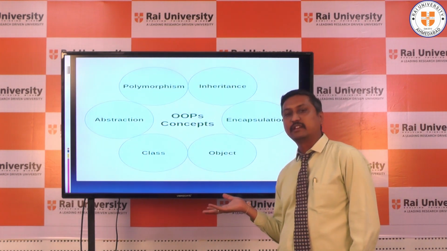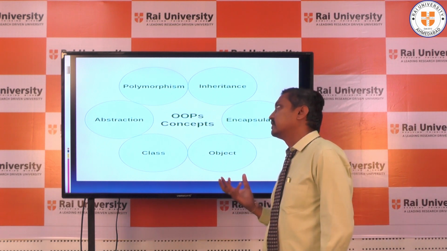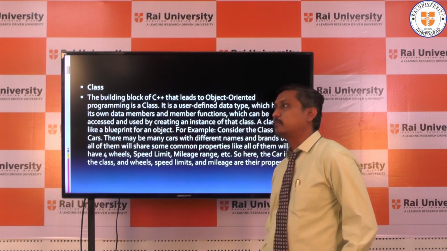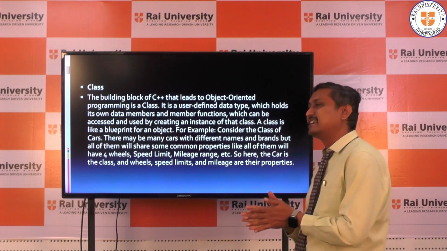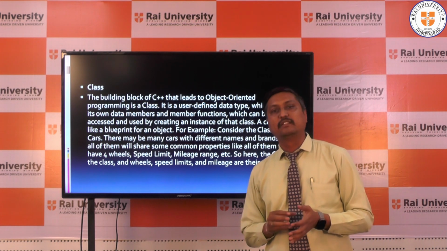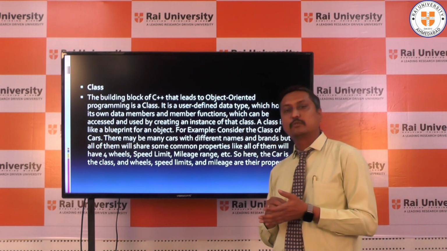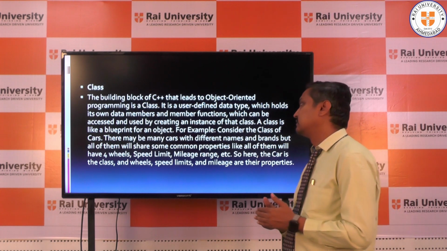Here is a graphical representation of the concept and its components. First of all, what is a class? A class is a user-defined type that can have its own data type, its own properties, its own entities for calling the class.